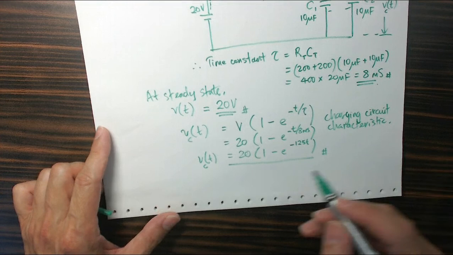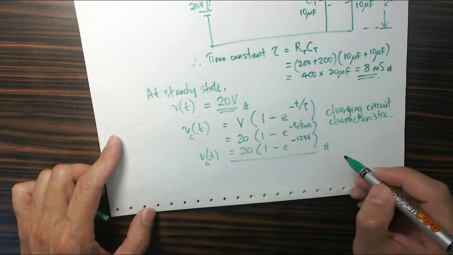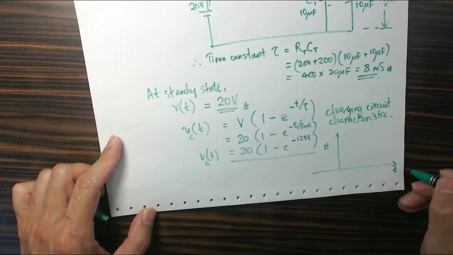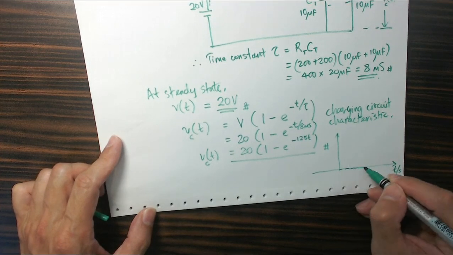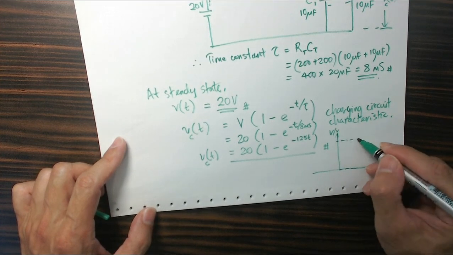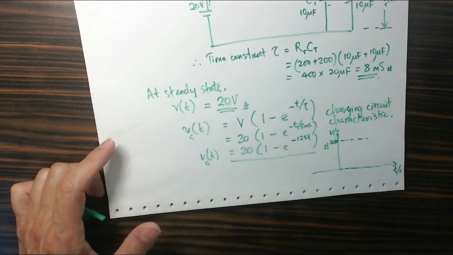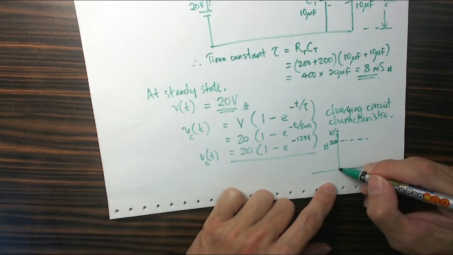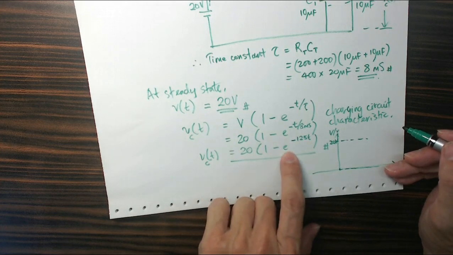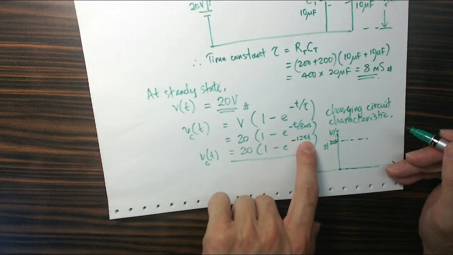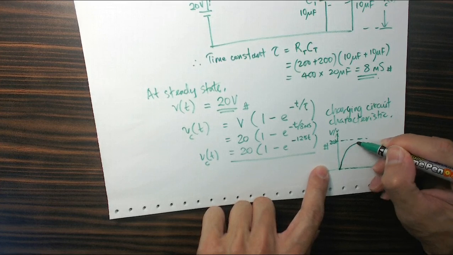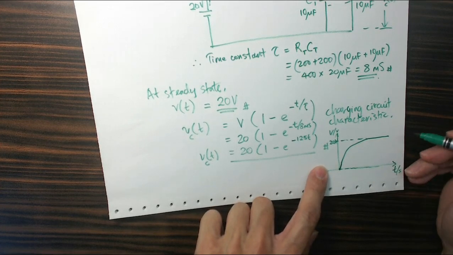Now, the characteristic when we plot it on the graph will look something like this. The horizontal axis is t in seconds, and the maximum voltage V will be 20 volts. When time t is 0, e to the power of 0 is 1, so 1 minus 1 is 0 here. So it will go in such a way until it reaches the maximum.